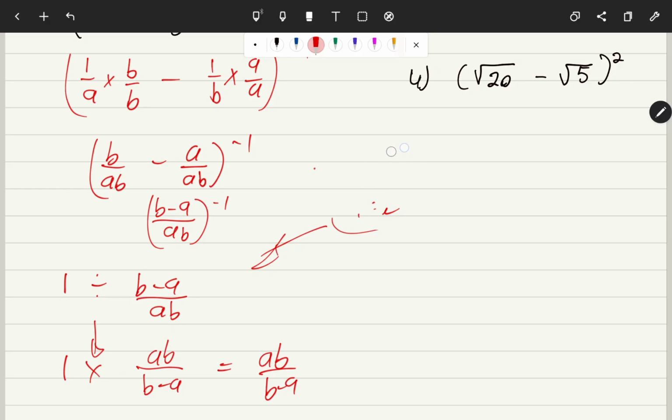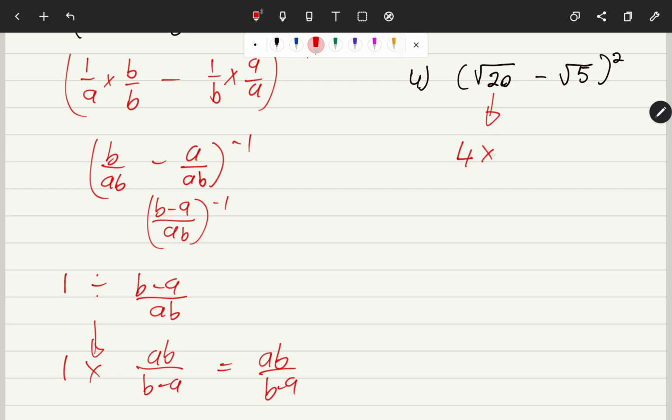Let me erase this part to make space for the last question on the simplifications. So right here, how do we start? You can double your brackets and start doing your FOIL, stuff like that. You're going to get the right answer, but you can also realize something. So let's talk about 20.